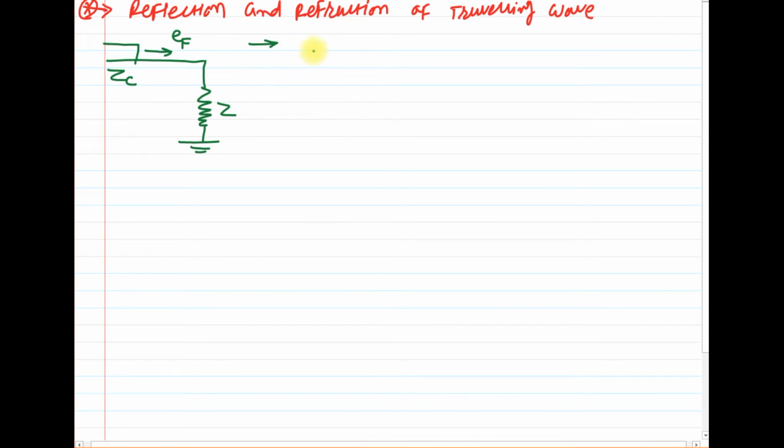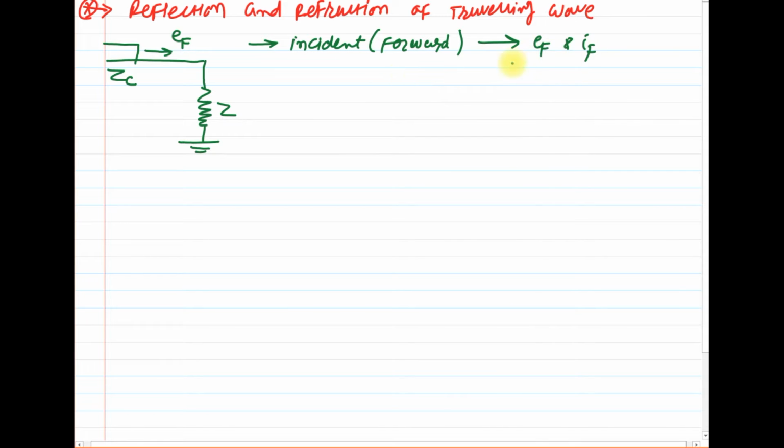So first one is forward, or I can say incident or the forward voltage and current wave, which is denoted as EF and IF.